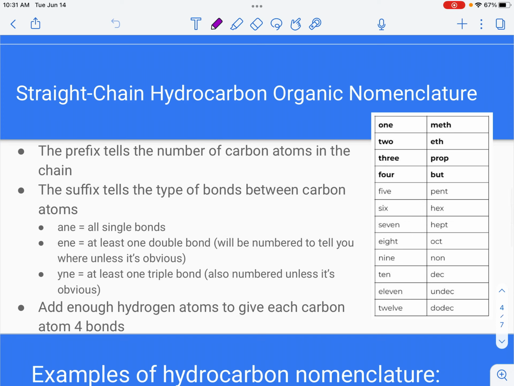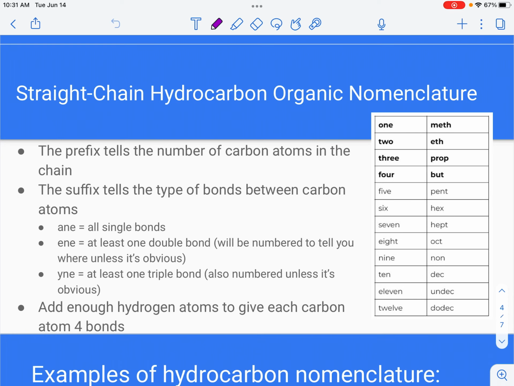All right, so hydrocarbons are compounds made of carbon and hydrogen. They may also have oxygen or sulfur or nitrogen, and they may be rings, they may be branches, etc., but everything that we're going to deal with right now is what we call straight chain hydrocarbon organic naming.